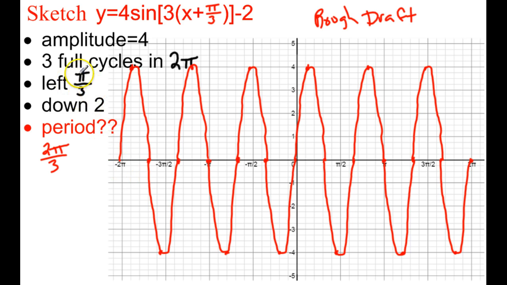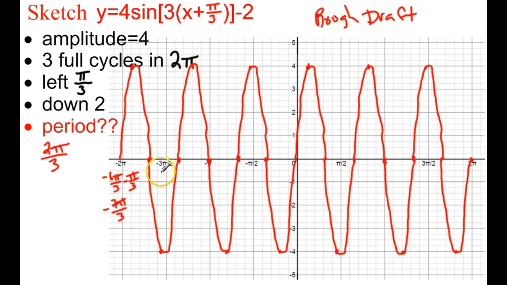I need to go left another pi over 3, so I have negative 6 pi over 3 minus another pi over 3, which means this point would start at negative 7 pi over 3. And I'm simply going to switch these key points that were indicated previously to be whatever the new calculated value is.